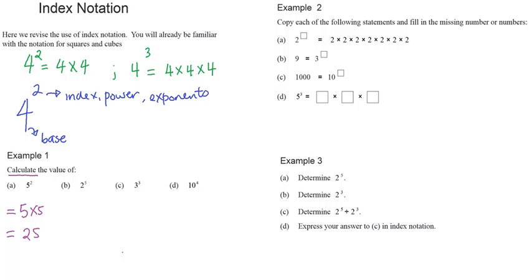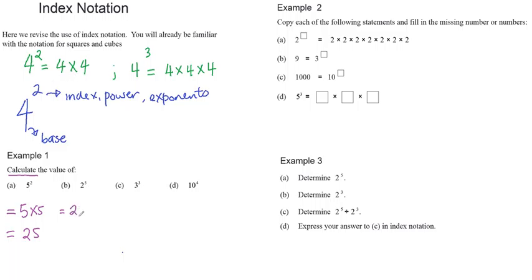Very good. So what about 2 to the 5th power? This one looks a little harder, but let's use our understanding to see if we could get through this one. 2 to the 5th power. Now remember what we said. What does that 5 tell us? It's the same thing as the 2 there. It's telling us how many times I need to multiply my base.